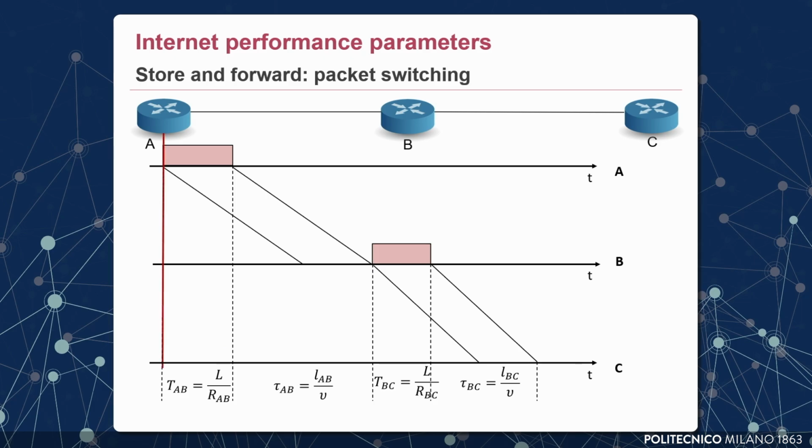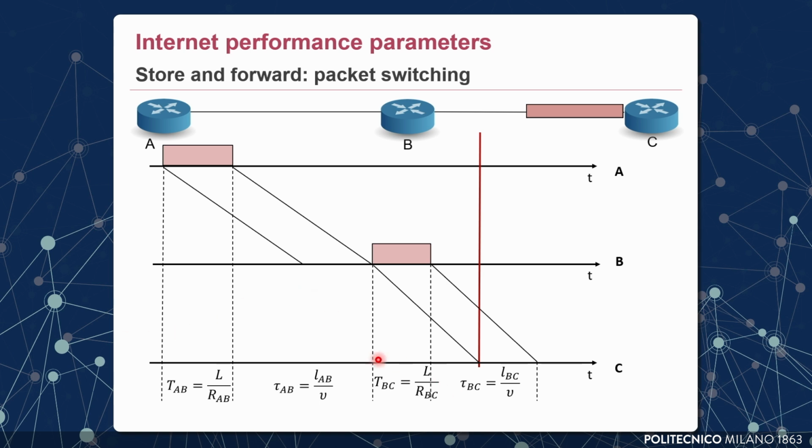We start from the router A. The time defined as TAB is the time that it takes to transmit this message from the point of view of router A. Then we have tau AB, which is the propagation delay to transmit the information from router A to router B. Then such information gets received at router B, and router B proceeds and transmits it to router C in the same way.